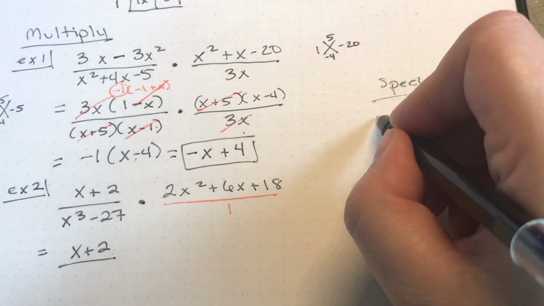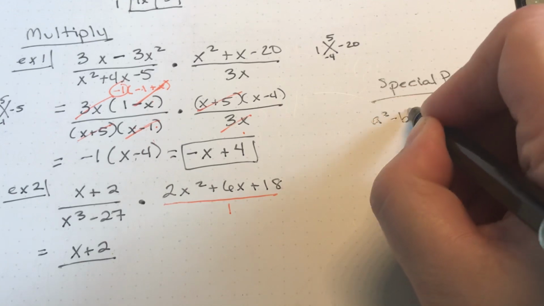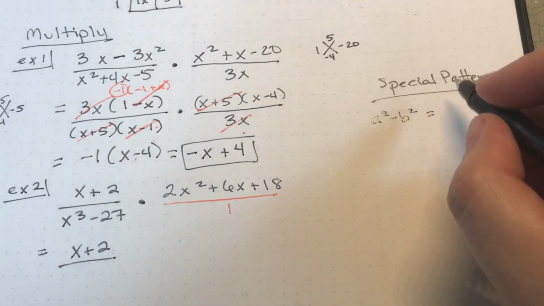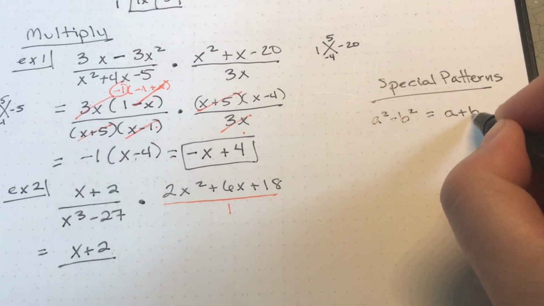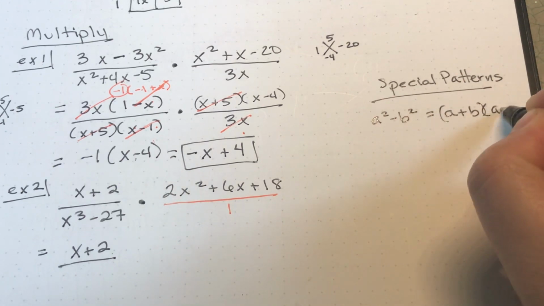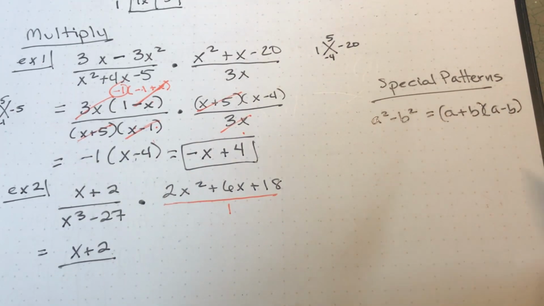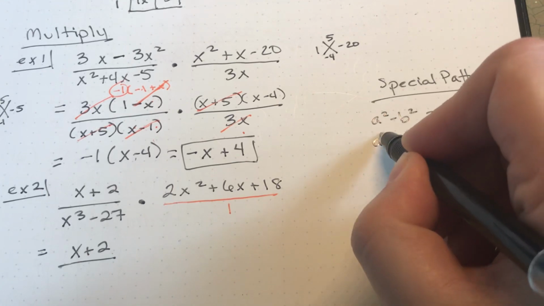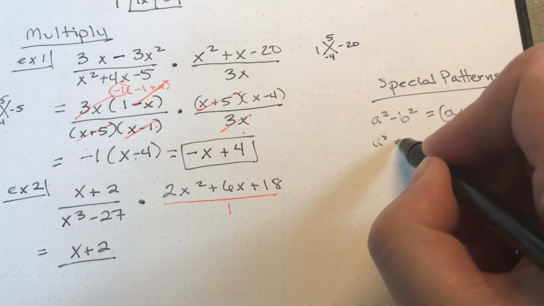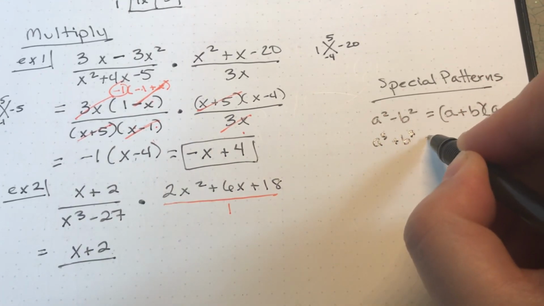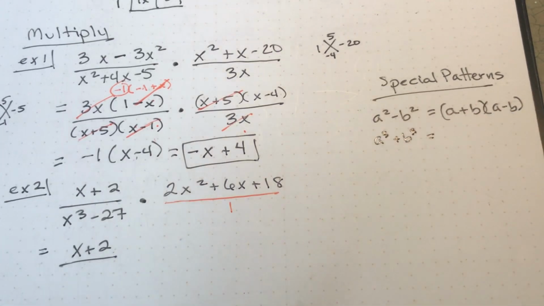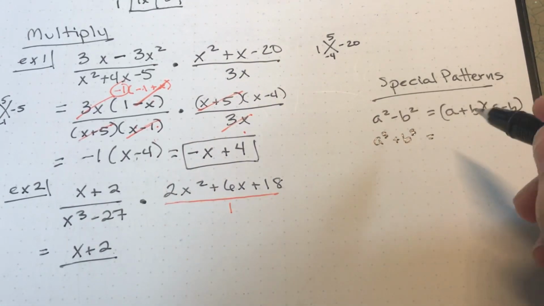So if I have a squared minus b squared, that factors to be a plus b times a minus b. We went over this multiple times earlier in the year, so I'm not going to spend a lot of time on it, but it's good to just remind ourselves what these patterns are.